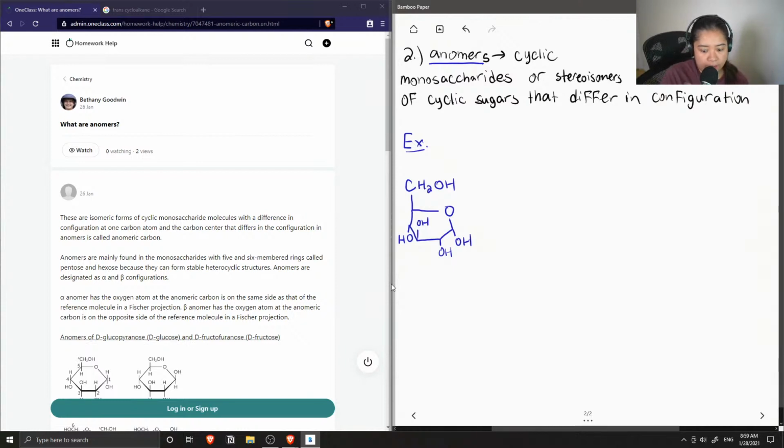And the name of this sugar is alpha D glucopyranose.